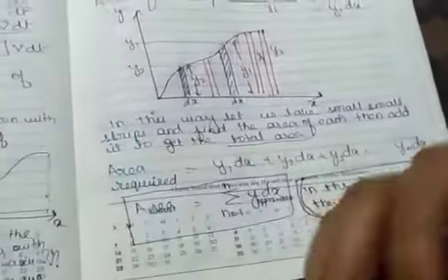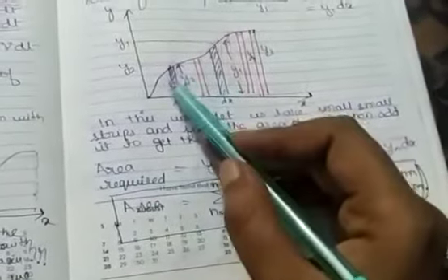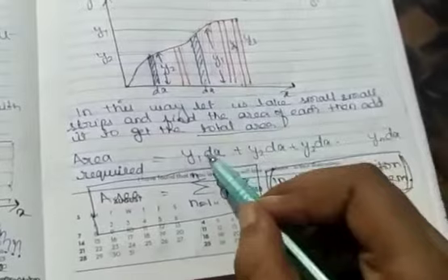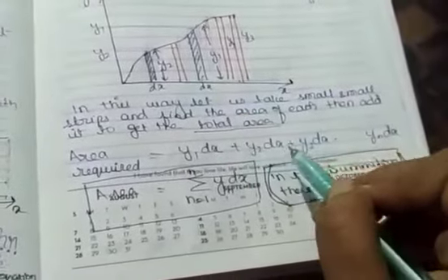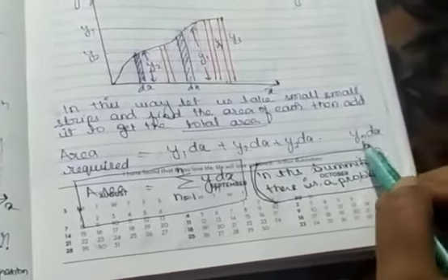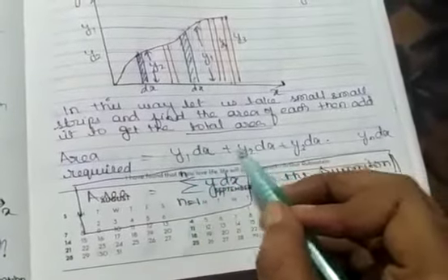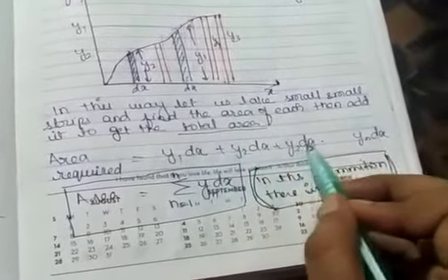So what I have to do is find small strips and find their areas. So y1 into dx, y2 into dx, in this way y3 into dx, and yn into dx. This means the summation of two quantities multiplied together.